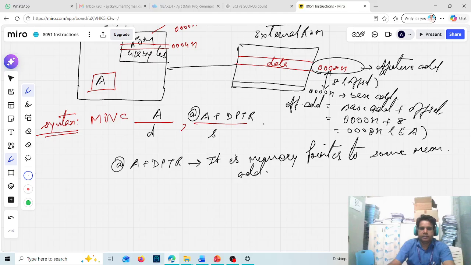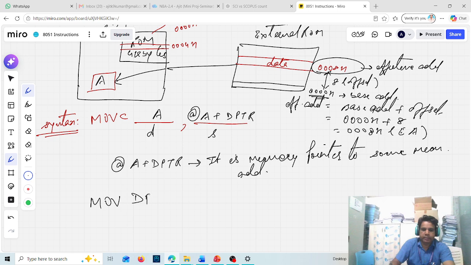So what I'll do is move the data from this address 008 into the A register. First of all, you have to load this value 000H, which is the base address, into the DPTR.